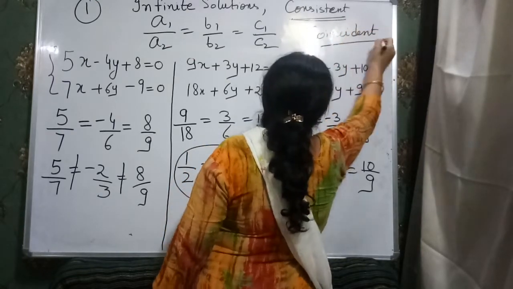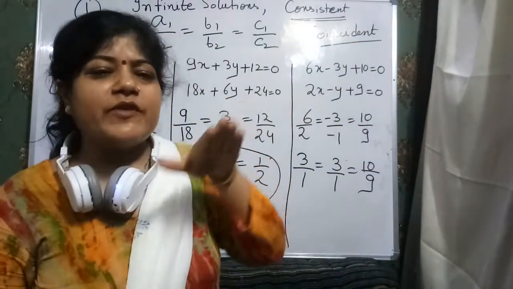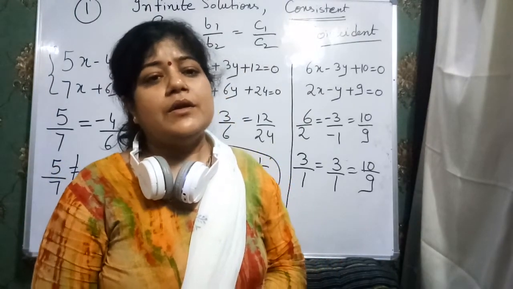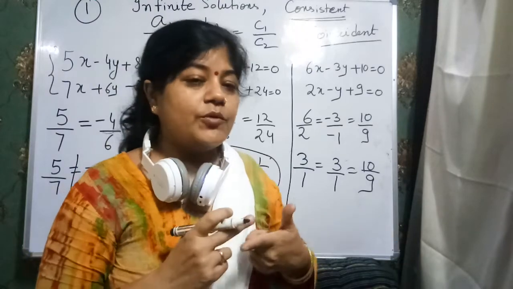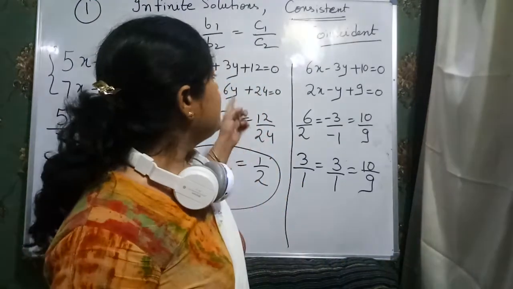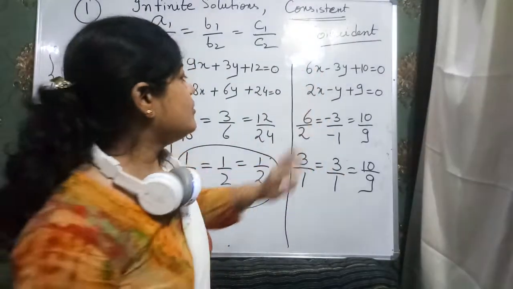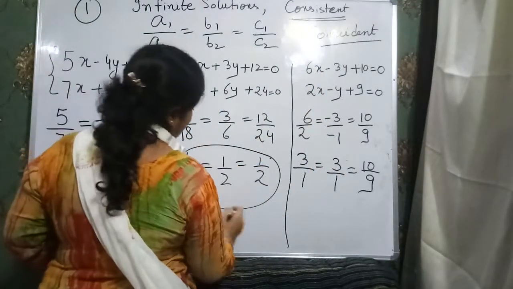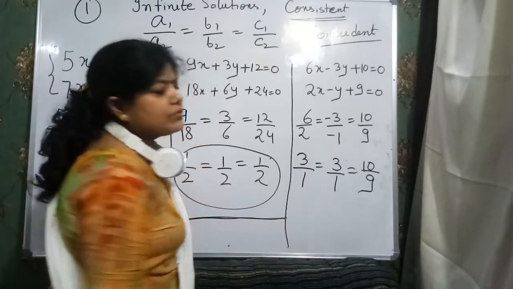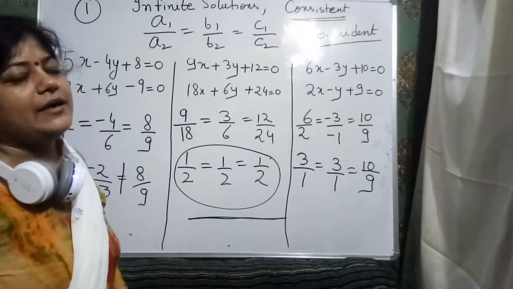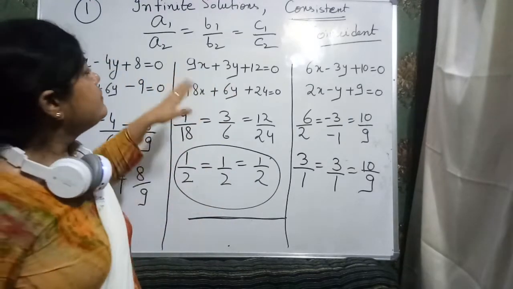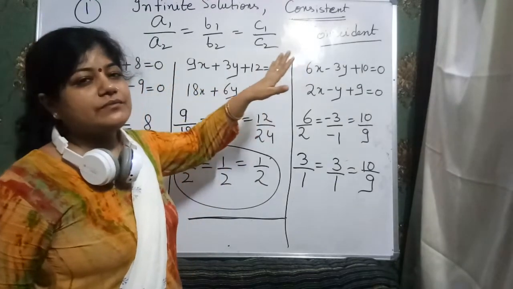What is coincident? It means one line overlies the other line. In the previous case, both lines intersect at one point, and here both lines are coincident on each other. If one line goes in this way, then another line goes on the same line. These are coincident. Clear? That is when the three ratios are equal.